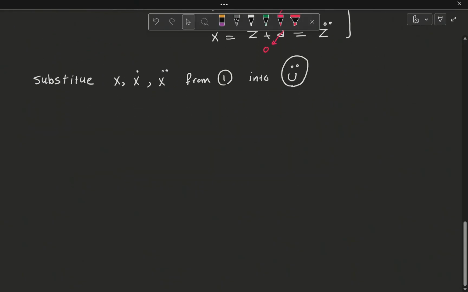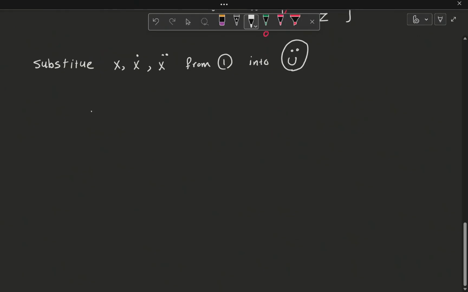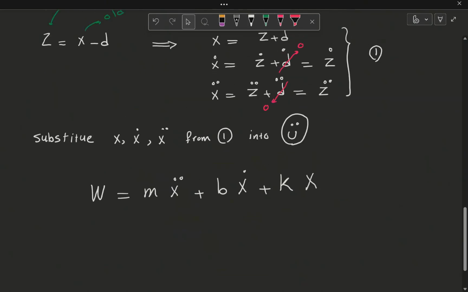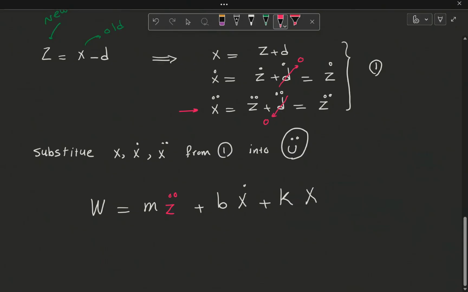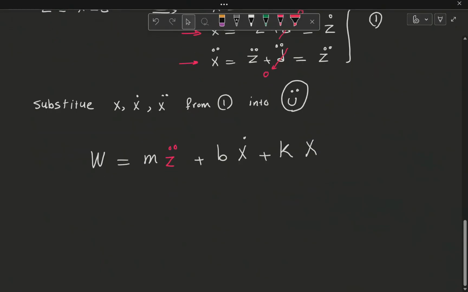What do you get? Let me rewrite the equation smiley one more time. W equals m x double dot plus b x dot plus k x. So instead of x double dot, I can put z double dot. Instead of x dot, from 1, I can put z dot.